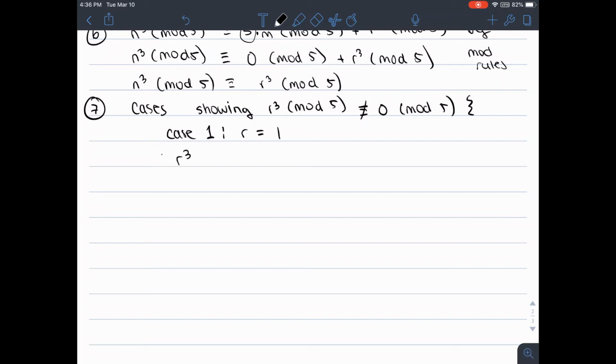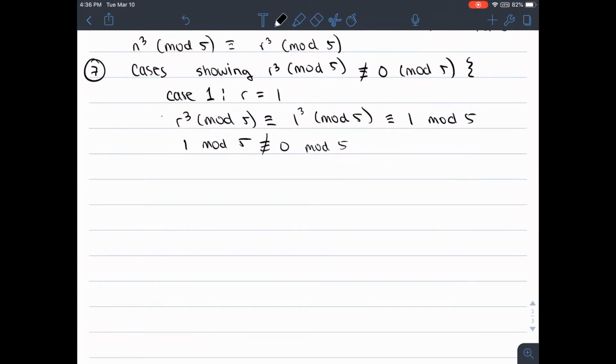Thus, r cubed mod 5 would be equivalent to 1 cubed mod 5, which is just equivalent to 1 mod 5. 1 mod 5 is not equivalent to 0 mod 5, and thus that's the first case proven.